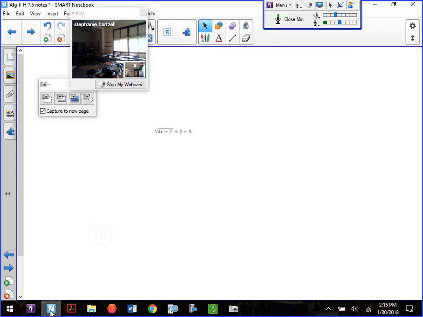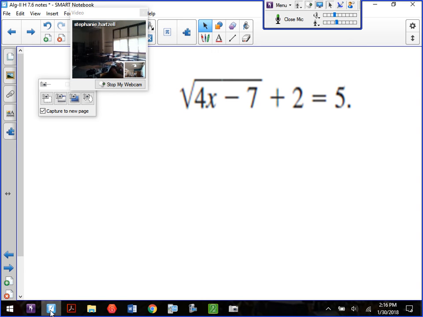Okay. Let's progress our way down to the scarier stuff-ish, and it's really not that scary. So the square root of 4x minus 7, plus 2, is 5. What do you think you have to do first? Good. We have to subtract the 2 first. I have to move everything away from one side before I try to undo the square root.